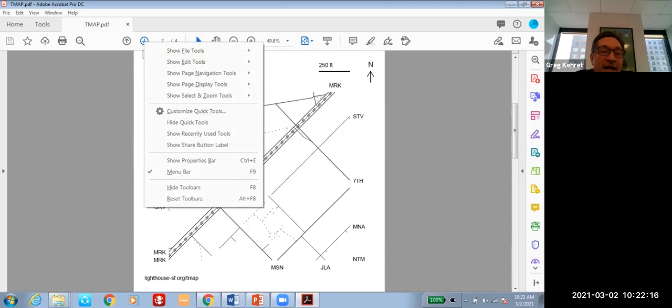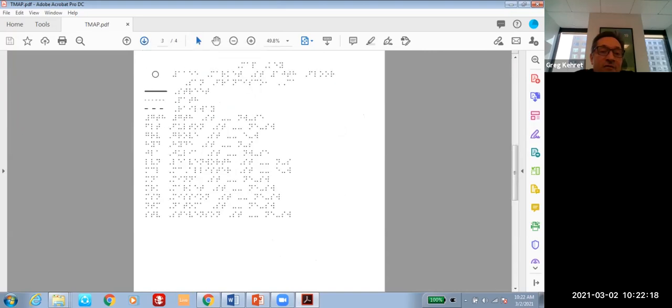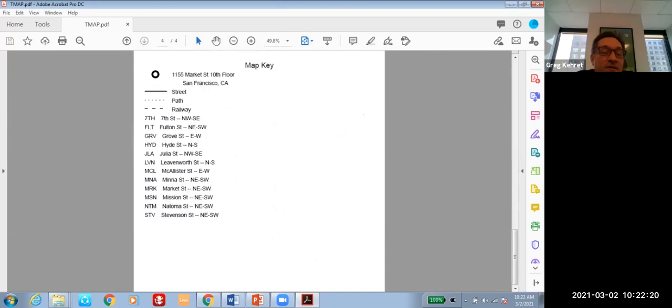A quick look at the key itself. So the raised circle, which shows the street address, a street, which is this line, pedestrian path I've mentioned, the texture for that, the texture for railway, and then all of these abbreviations spelled out in their full.